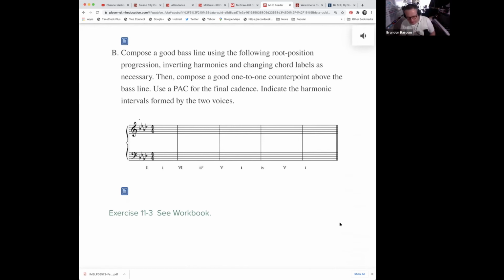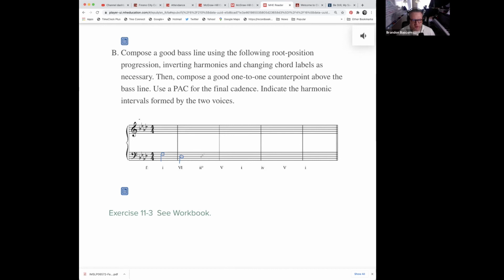F minor. One is going to be an F. 6 is going to be D flat. 2 is going to be G, right?